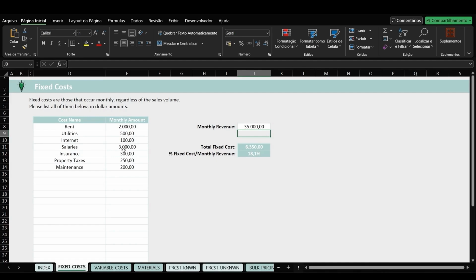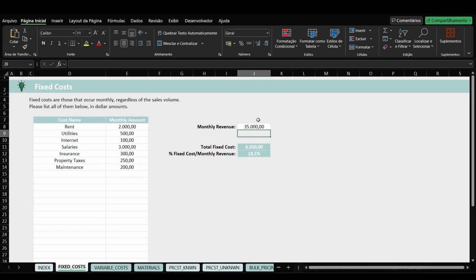That's why you should think about what the fixed costs of your business are. I've already brought some examples here. You need to think about what the fixed cost is and what its monthly amount is. Insert it here in the spreadsheet so that it can actually and effectively pass that value onto your selling price.